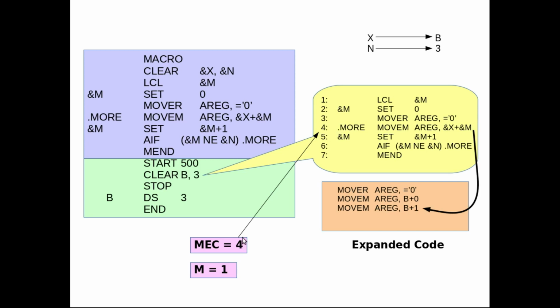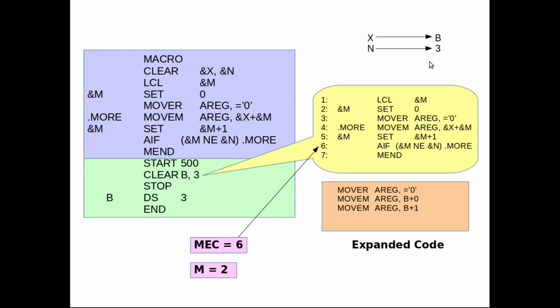So MEC will now become equal to 5, and statement number 5 will again increment the value of the expansion time variable m, hence m will be incremented to 2, and after that MEC will change to 6. And for statement number 6 we will again evaluate this relational expression where we check whether m is equal to n or not.